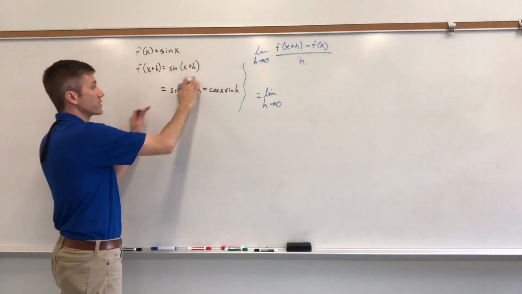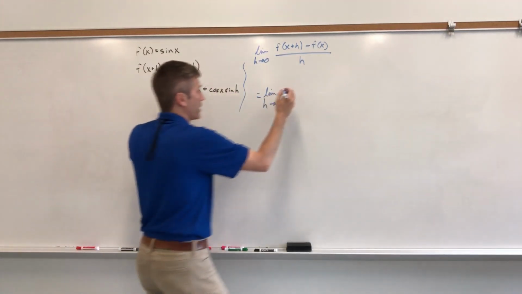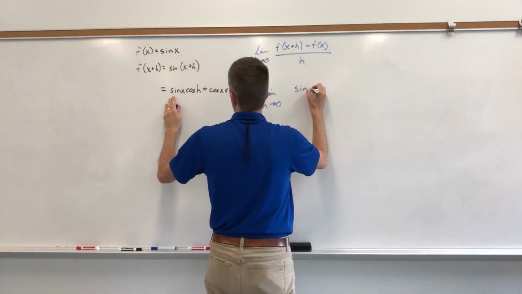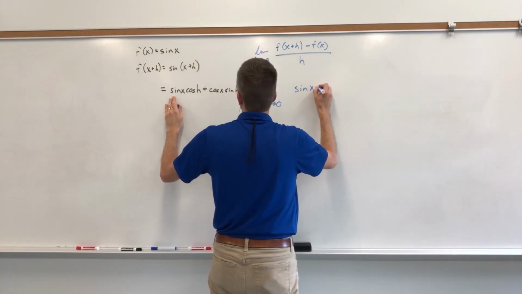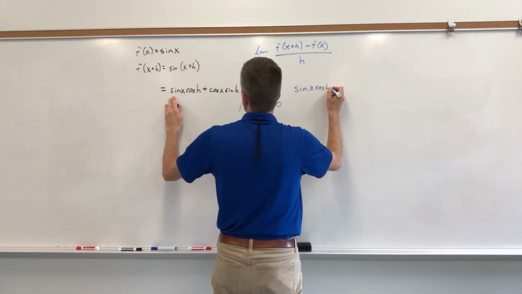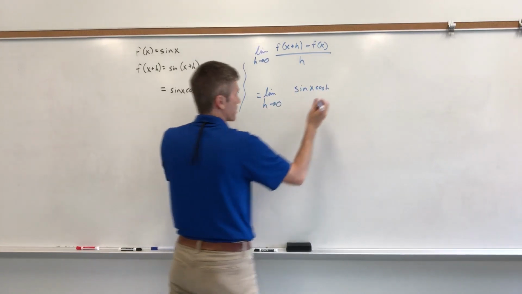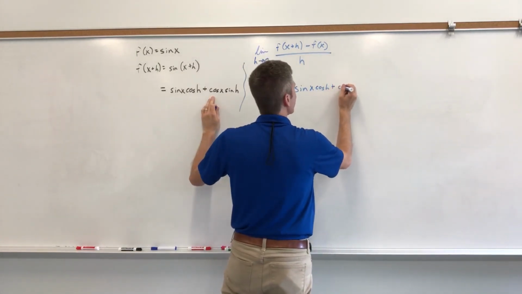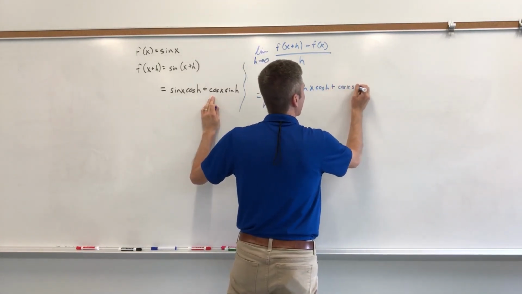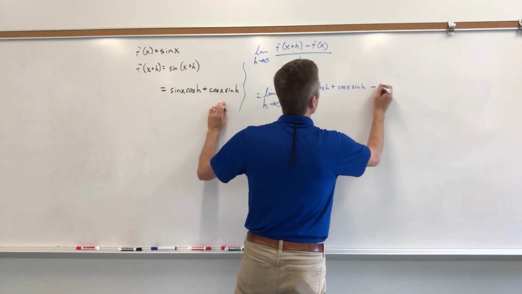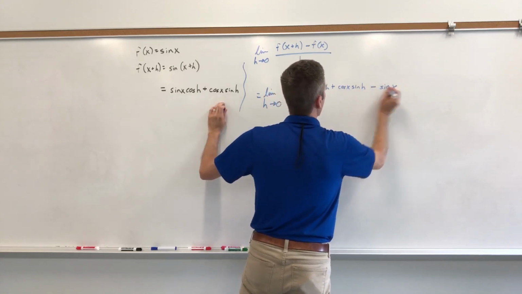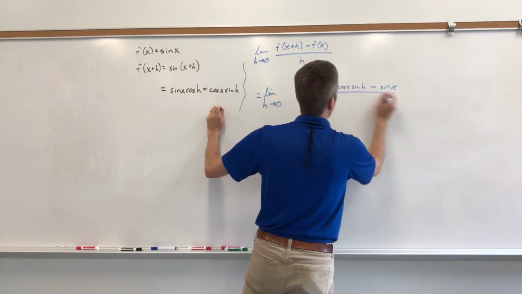That would be this, which is really all this stuff. So let's write it. Sine x cosine of h. You may want to put parentheses around it so it doesn't look like hyperbolic cosine. Cosine of x, sine of h, parentheses if you want to, minus sine of x, all divided by h.